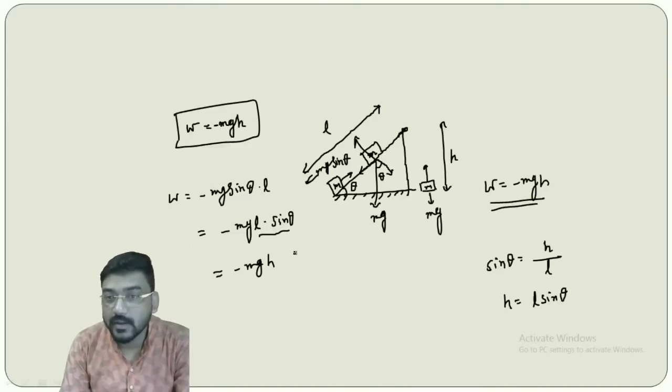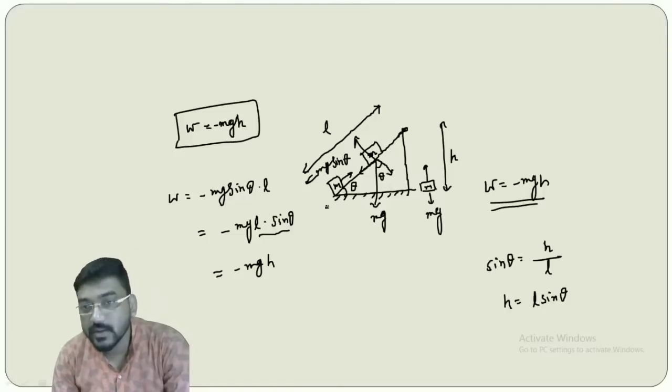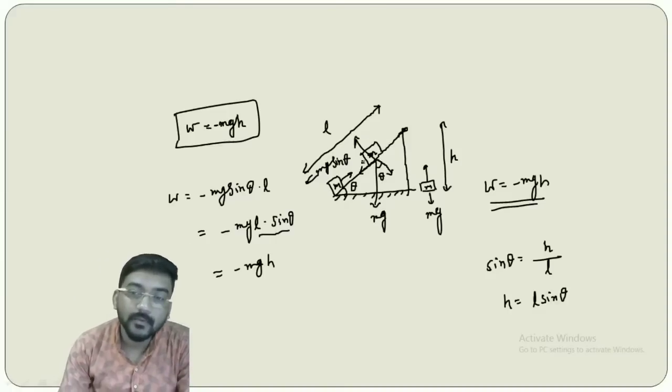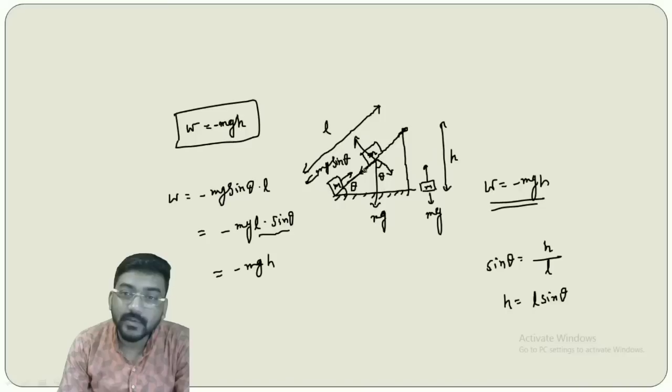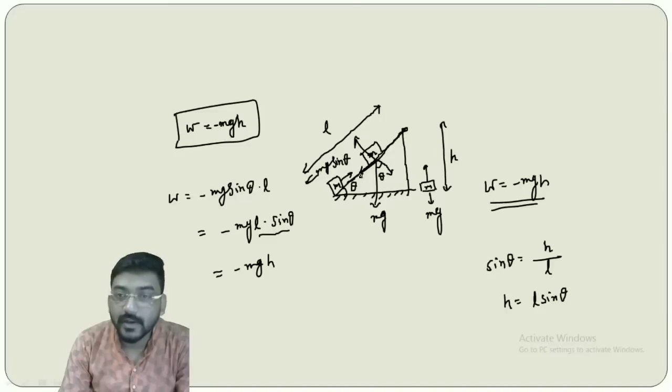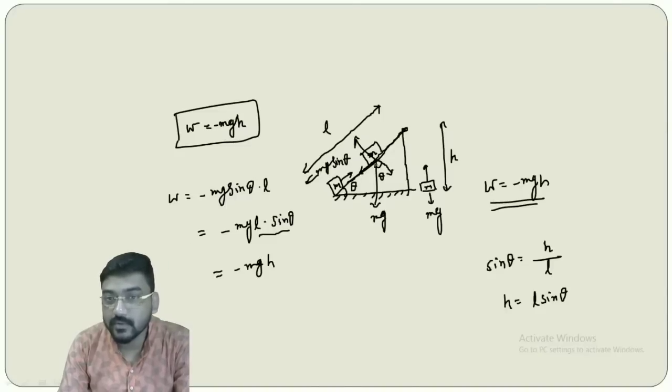That means the work done by the gravitational force mg is independent of path, and that's why gravitational force is a conservative force. But if you assume that there is a frictional force also, then you have to do work against the gravitational force as well as against the frictional force, that is the dissipative force. So the work done will be different along this path and different along that path.